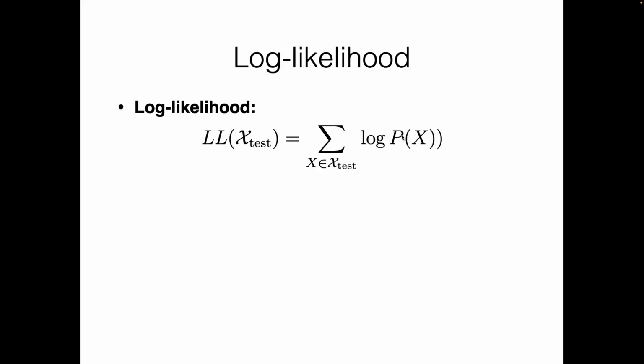Our model gives us this probability distribution, and we can take the logs to avoid numerical issues. We can go over some test set or dev set and ask, what is the total log probability assigned to these test sequences?